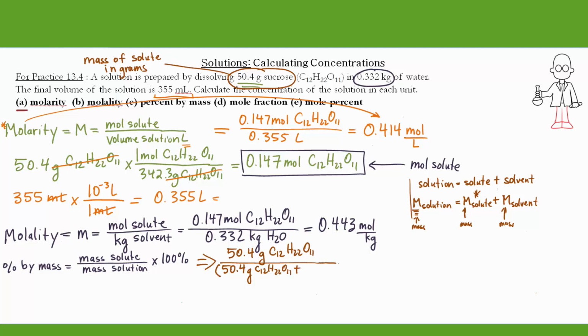Plus we need the mass of the solvent in grams. So the mass of the solvent was given as 0.332 kilograms. So we need to convert that number to grams. So in 1 kilogram, we have 10 to the third grams.